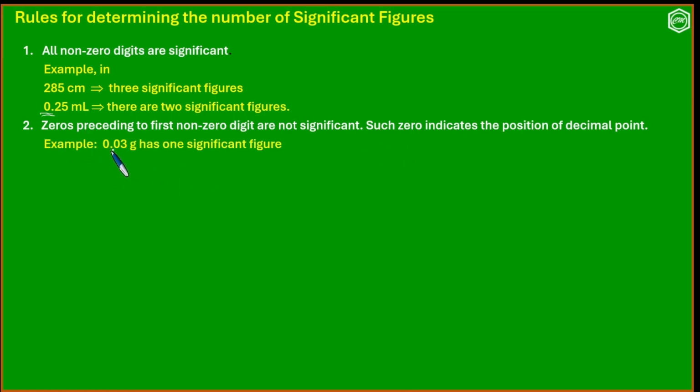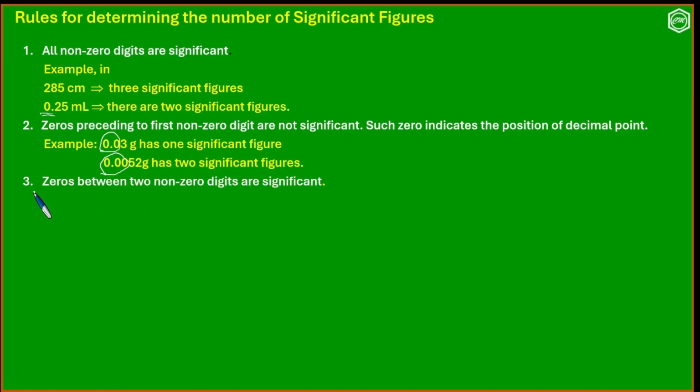For example, 0.03 gram has only one significant figure. These two zeros are not significant, and it shows only the position of the decimal point. Similarly here, these 3 zeros are not significant. And therefore it has only 2 significant figures.